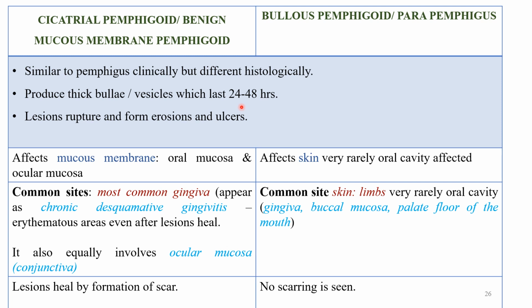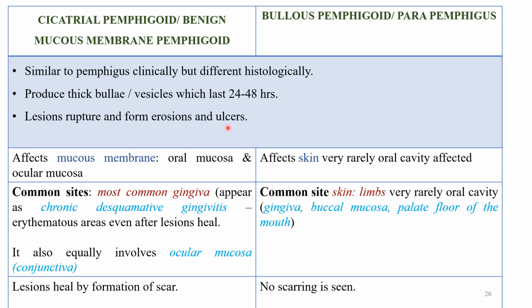The reason for this is that in these pemphigoid lesions, a subepithelial blister is formed. That means the entire epithelium is intact, so this entire epithelium will form a thick border. So these blisters will stay for at least 24 to 48 hours.